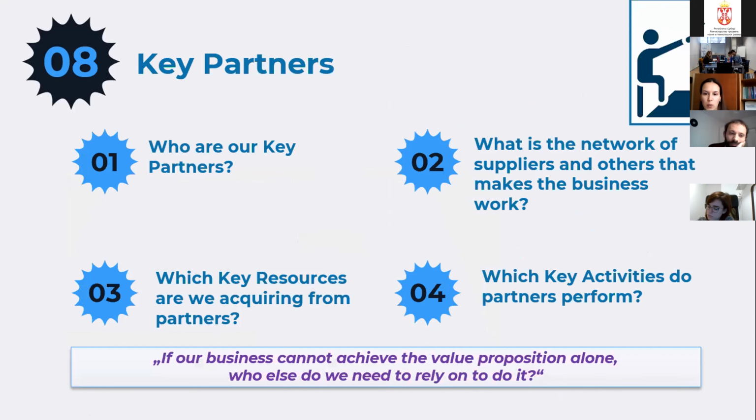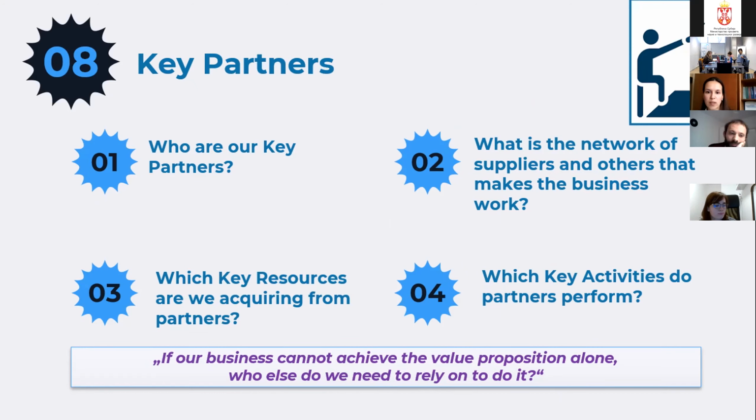If the entrepreneur can't achieve the value proposition alone, here we can show who else we need to rely on. Who can help us to create and deliver our value proposition to our customers?